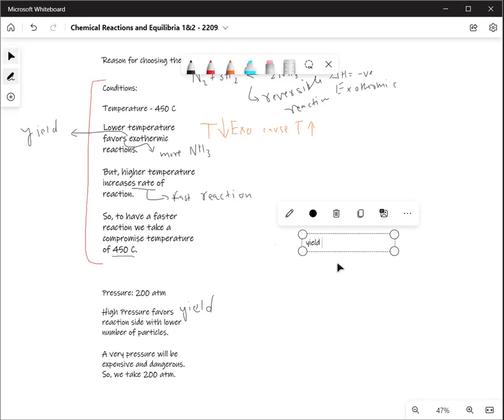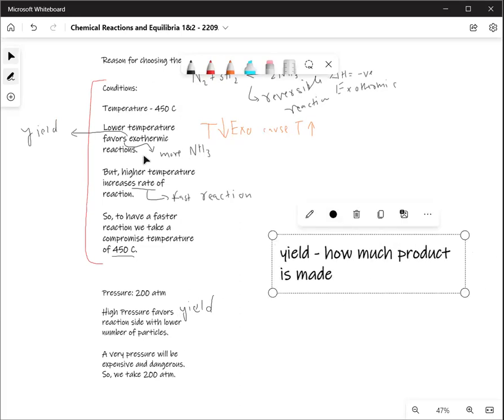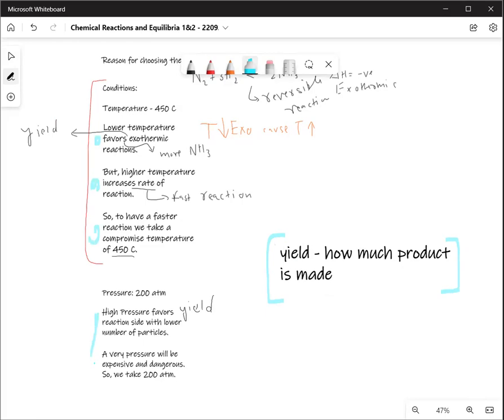Yield means how much product is made. Just write whatever is on the board. You don't have to write what yield is, or you can write it as well if you want. But these parts here, this is important. All of this is important. So please finish that and tell me when you're done.